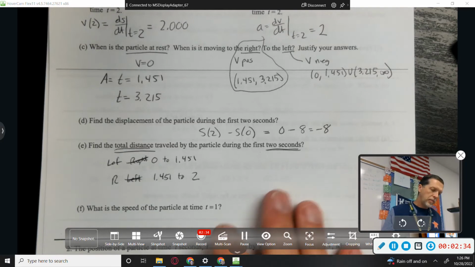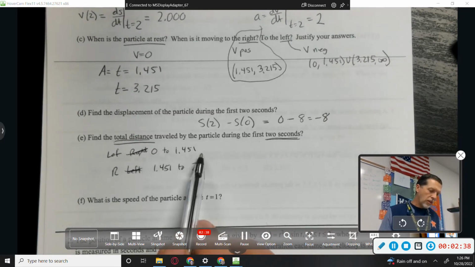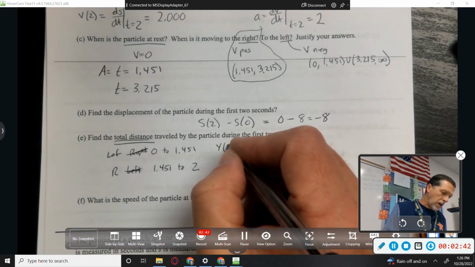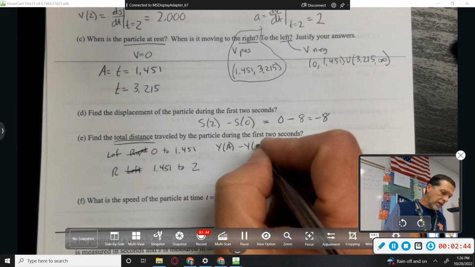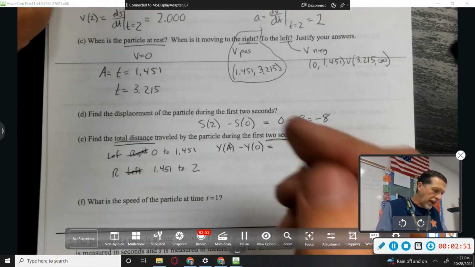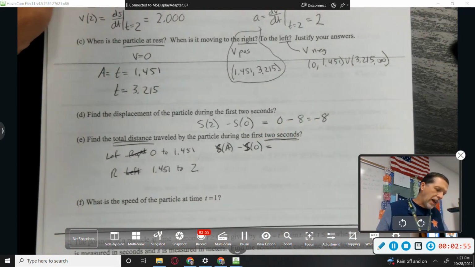So now back on this distance from 0 to 1.451, we can do y of A minus y of 0 and see what that is. Oh, I guess I should call that S, especially since I haven't labeled what y is.